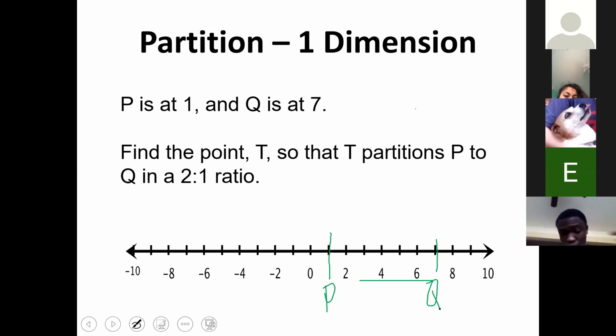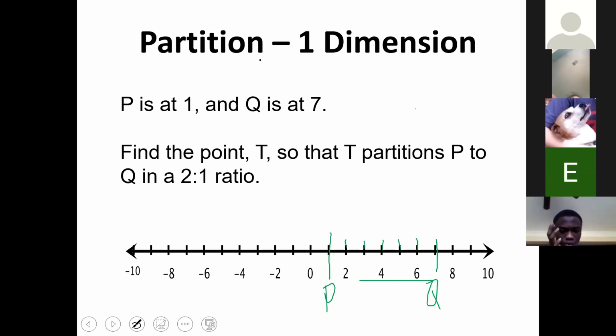Okay. Well, let's look. How many positions are there between P and Q? Well, here's 1, 2, 3, 4, 5, 6. Okay, there's 6 individual segments between P and Q. And it's a ratio of 2-to-1.